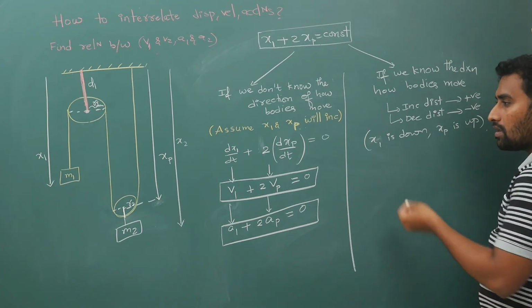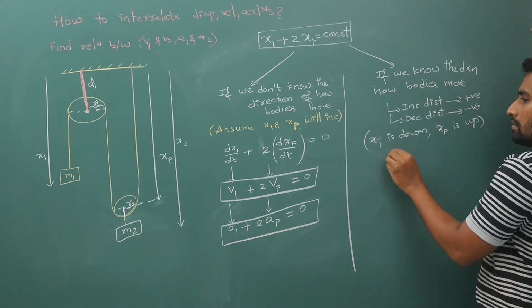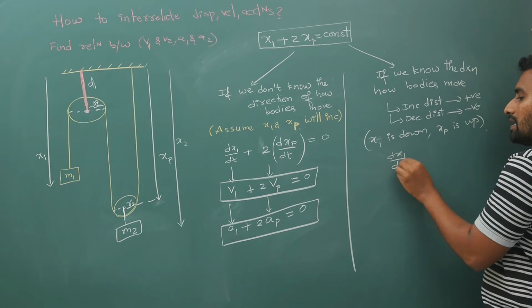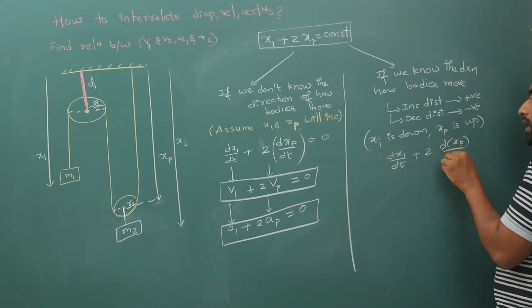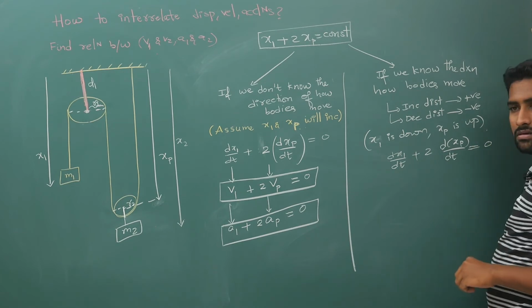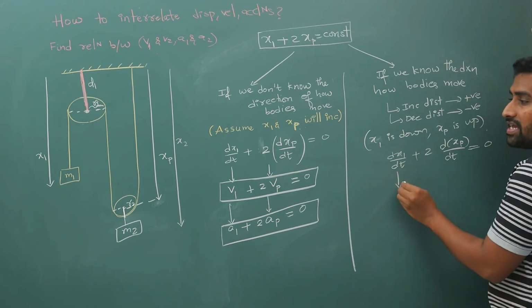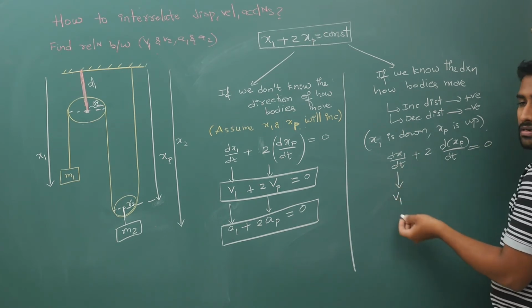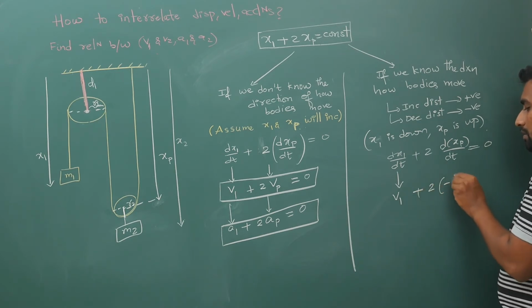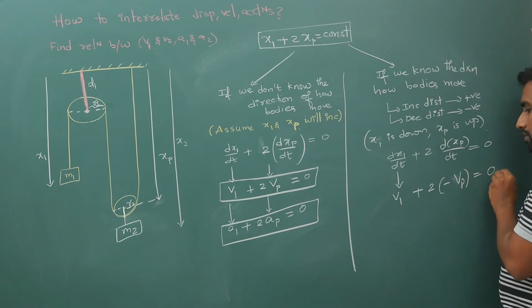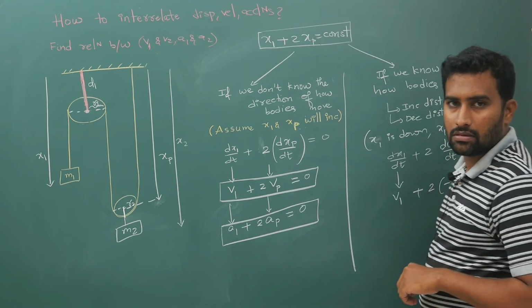In this case, what will my answer be? dx1 by dt plus 2 times dxp by dt is equal to 0, till here it is fine. But if I keep plus v1, for this I have to keep 2 times minus vp is equal to 0, because xp is decreasing.